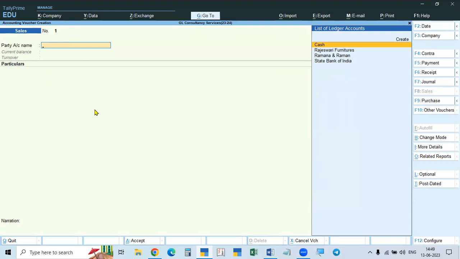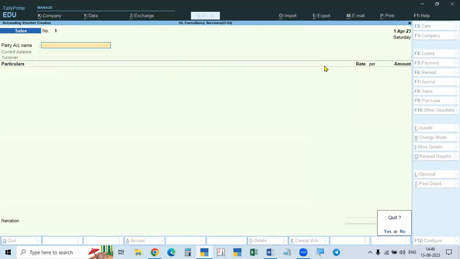In the case of goods, the format will be: after the party name, purchase account or sales account, the purchase or sales ledger, and below that, the particulars column will have the name of item, then quantity, rate, and amount. That is in the case of goods. That format is called item invoice.